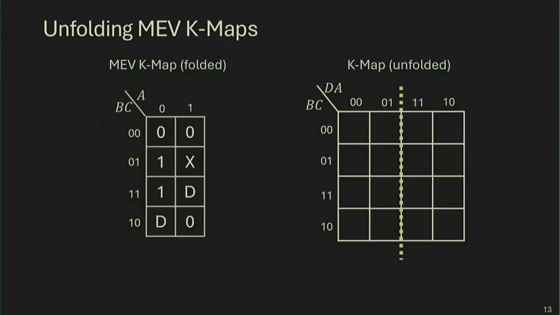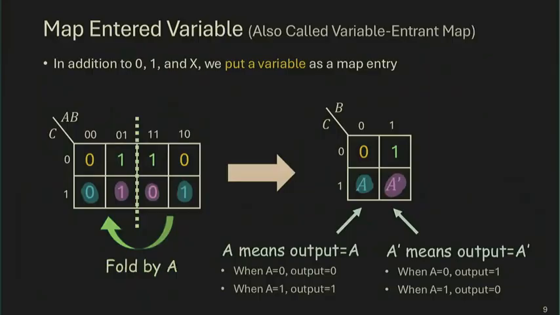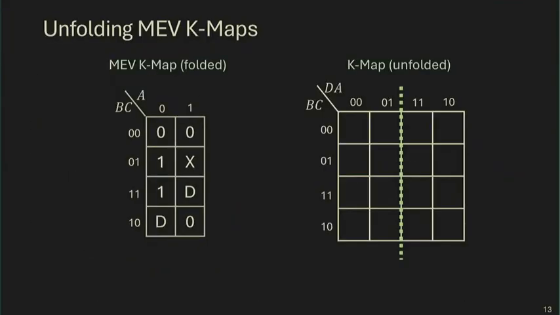So we can say folding is just the opposite of unfolding. That's a pretty intuitive explanation. We just apply the reverse process to get a larger K-map. So in this example, we could unfold this single 0 into 2 zeros here and there.